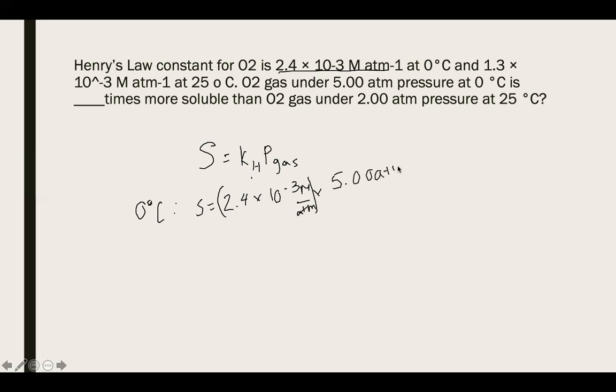When you do that equation, 2.4 E negative 3 times 5, you get 0.012 molarity.